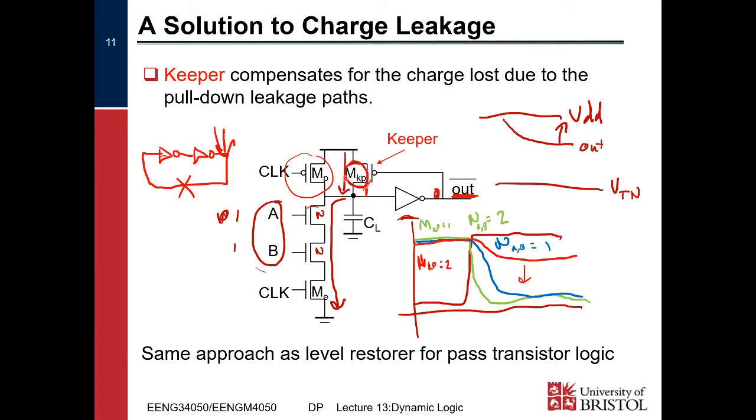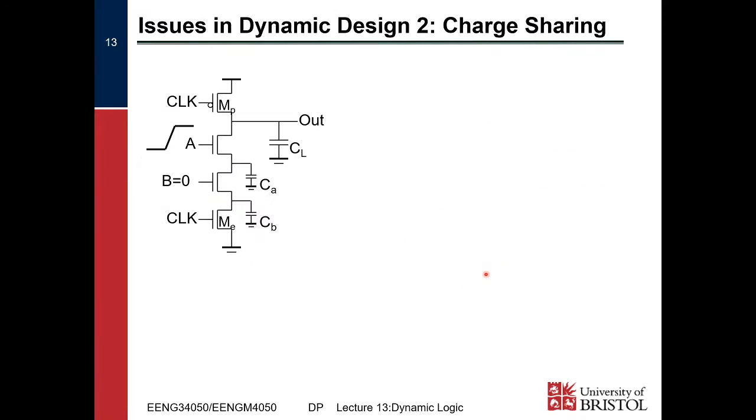Obviously, we've got the electron hole mobility difference on our side, but depending on how strong that difference is and the resistance of this network, you may need to size up your pull down network, right? And so we saw a few examples here. So we said if A and B have a size of 1 and the keeper has a size of 2, then it can't overpower it, with the keeper being a size of 1 and then A and B either being size 2 or size 1. It will overpower it, but the time it takes to do so will be longer or shorter.